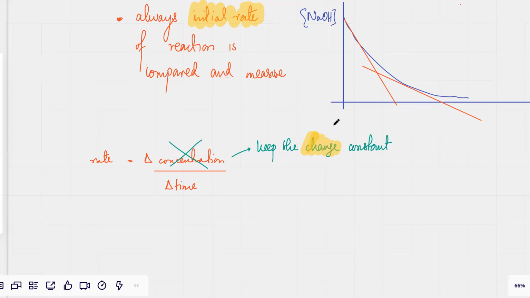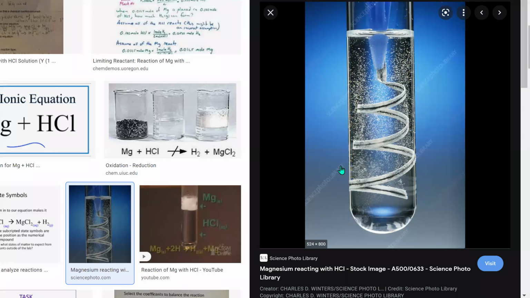If you just look at this reaction, you need a starting point and an end point, just like a 100-meter race. And if you're doing comparisons, all the comparisons must follow the same starting point and the same end point. So you're doing this experiment, right? What could be an end point for this?